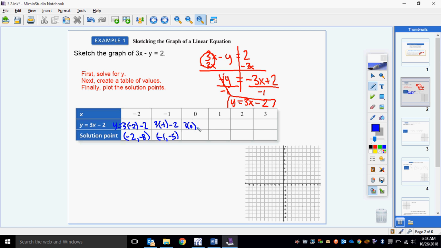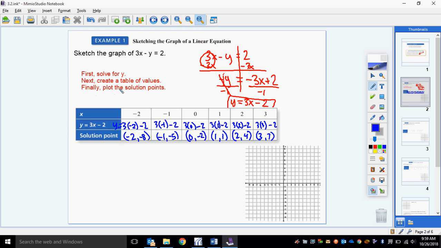Plugging in 0, I'd get 0 minus 2, so negative 2, and 0 was my x value. 3 times 1 is 3, minus 2 would be 1 when I plugged in 1. 3 times 2 is 6, minus 2 would be 4 when I plugged in 2. And lastly, 3 times 3 is 9, minus 2 is 7, and 3 was my x value. So I have 6 different solution points here.